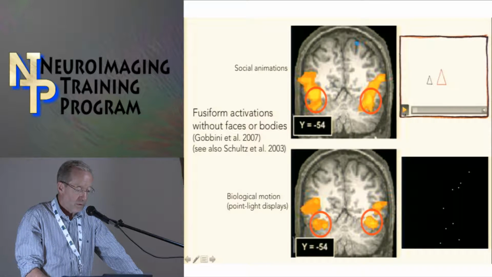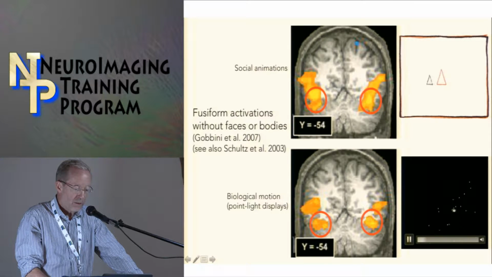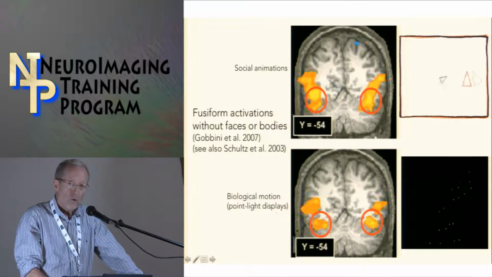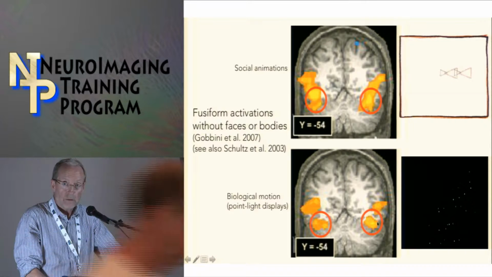So in the same study by Gobini, she also had people looking at point light displays of motion and showed what others have shown, which is that these point light displays of motion also evoke a strong response as compared to random motions or scrambled motions in lateral fusiform cortex.